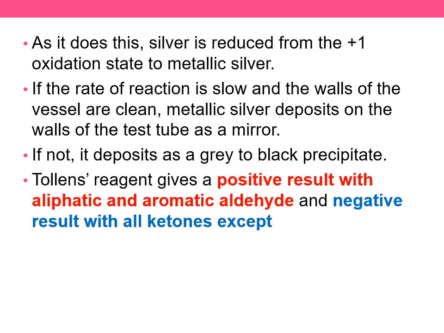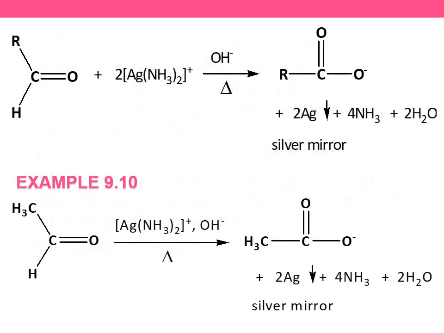Tollens test will give a positive result with aliphatic and aromatic aldehyde, but a negative result with all ketones except alpha hydroxy ketone.